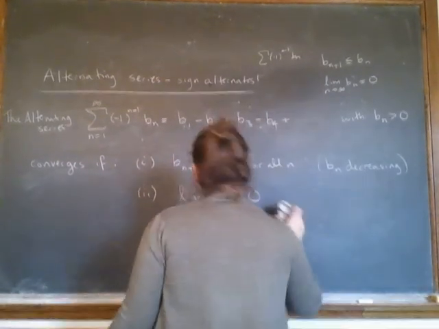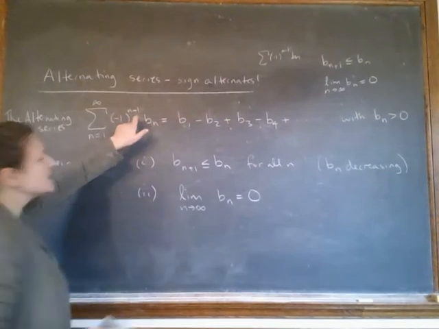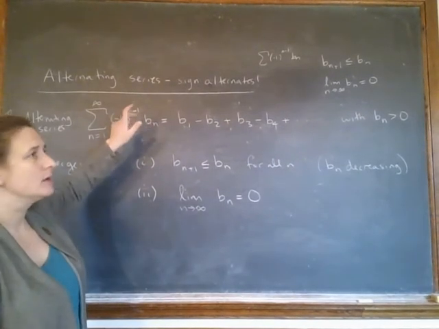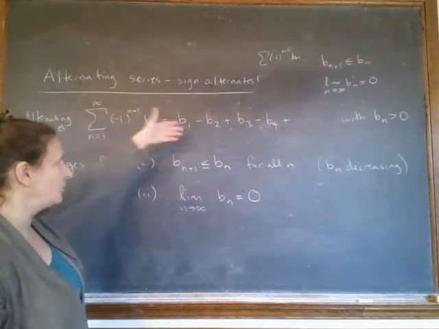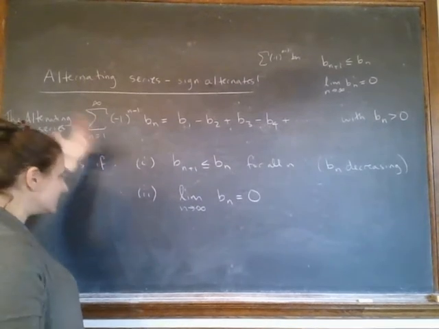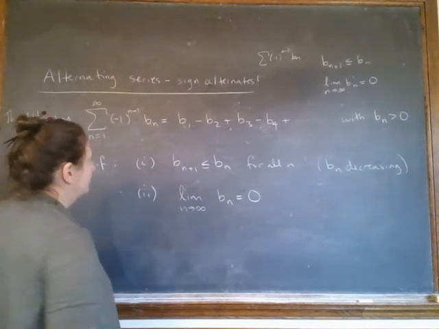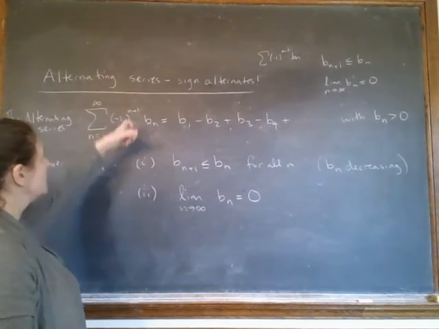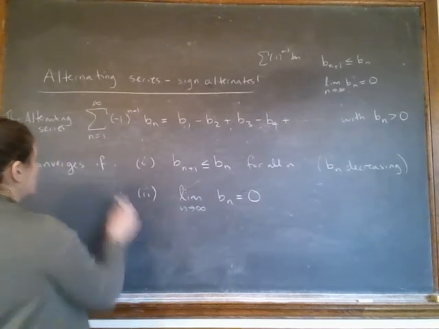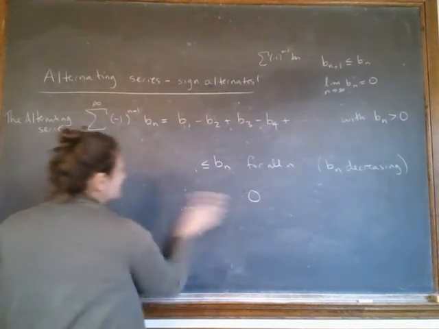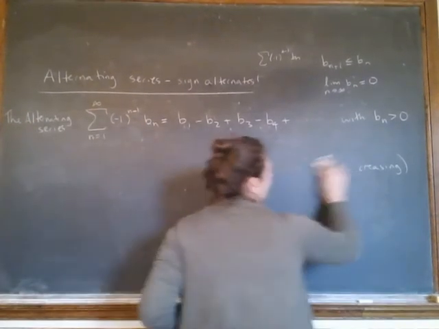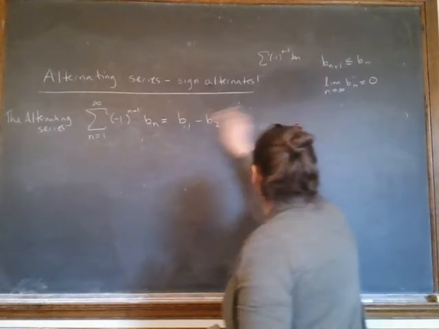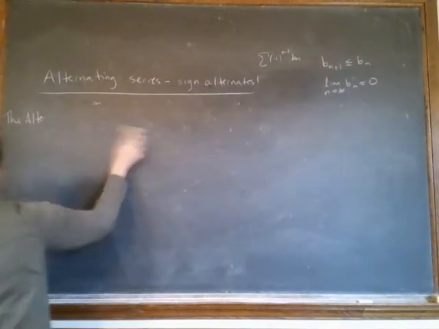Oh, and by the way, it matters for what the terms are whether it's (-1)^(n-1) or (-1)^n. But you can use the test regardless of this, as long as it's alternating. It doesn't matter whether you start with a negative or a positive b_1.